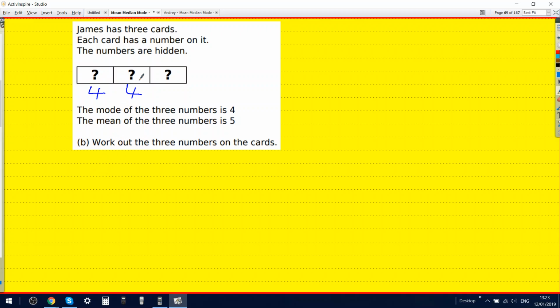So basically, how would you find the mean average of 3 numbers? You divide it by 3. So basically 4 plus 4 plus x divided by 3 gives you... 4 plus 4 is 8.